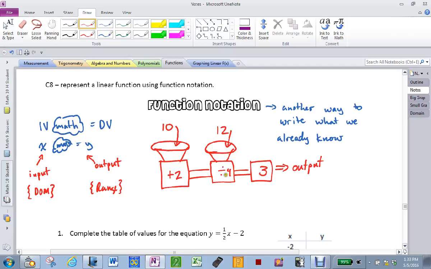Okay, now in grade 10, and 11 and 12 in university, we don't have the stupid little function machine. We do this. We write f(x), and we read it as the f of x. That is the name of whatever the function is, and x is the input.